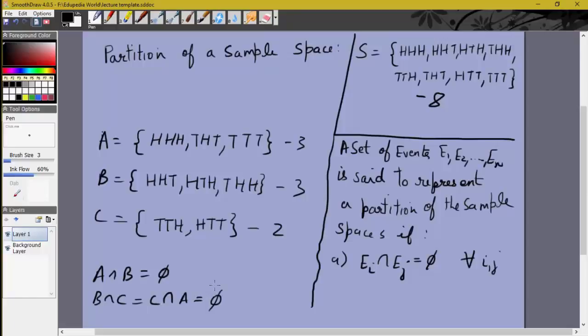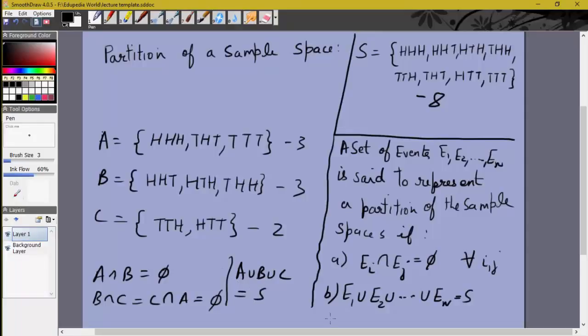So that is satisfied by A, B, and C. The other would be E1 union E2 union ... union En should be equal to S. When you take the union of all these sets, you should get the sample space S. That is true in this case. If you take A union B union C, you'll get these 3 elements, these 3 elements, and these 2 elements, all of which are distinct. So you'll get these 8 distinct elements. So this indeed is equal to S.